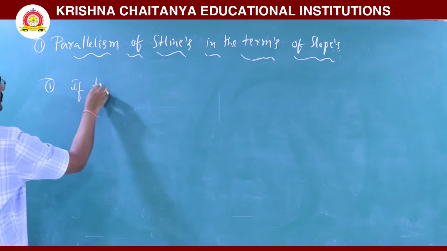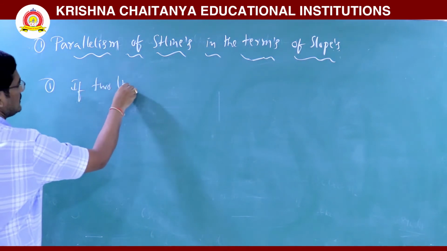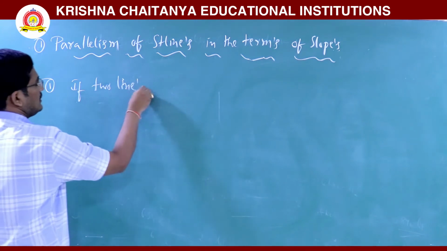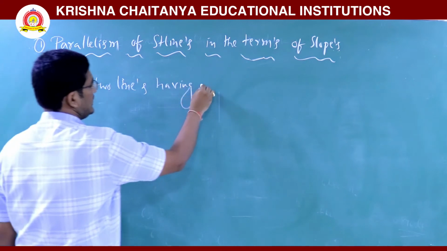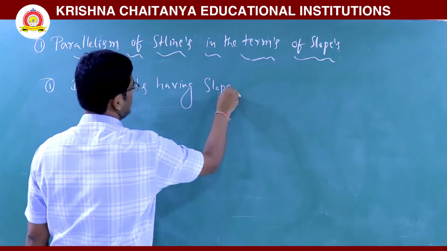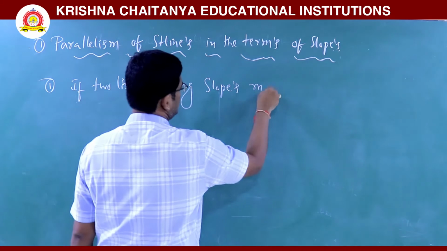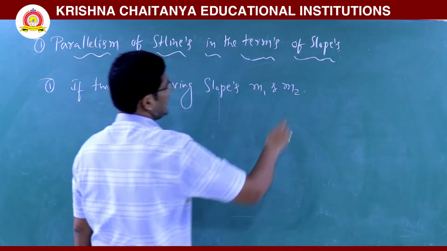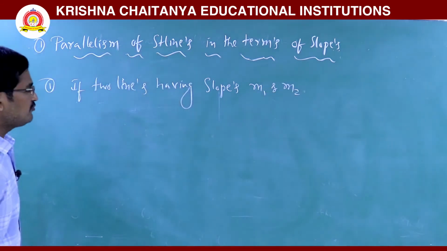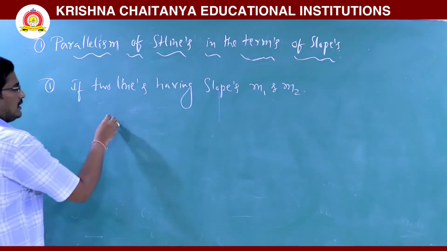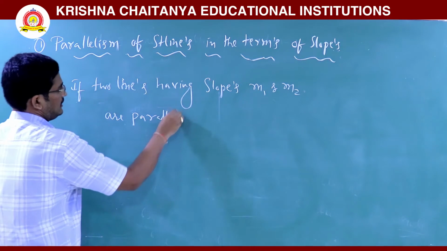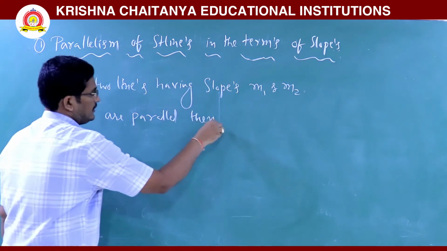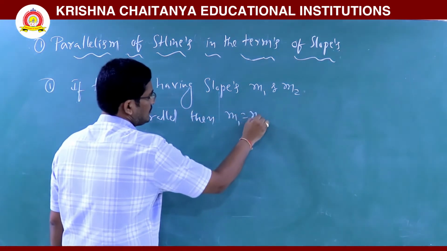The first point: if two lines having slopes m1 and m2 are parallel, then m1 is equal to m2.